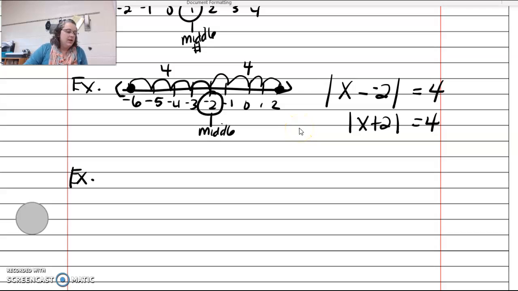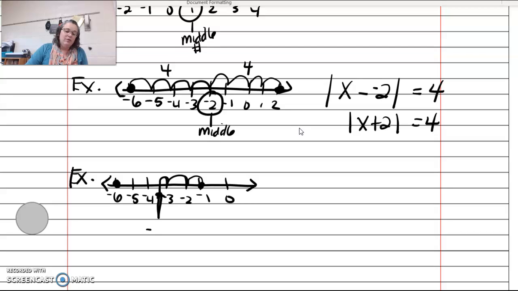Let's try -6 to 0. And then we have a dot on -6, and then we have a dot on 1, a solution. So 1, 2, 3, 4, 5 spaces. The middle of 5 would be 2.5. So you have 1, 2.5, which would put us here in between -3 and -4.